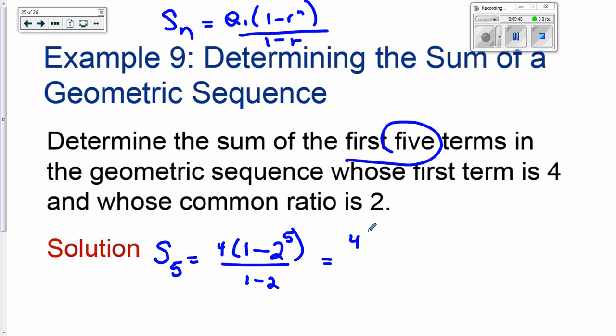I just did in my calculator 1 minus 2 to the 5th, and I got negative 31, because 2 to the 5th is 32. And this is negative 1. So when I divided, I got 124. You multiply these, and that's negative, and then divide by negative 1. So the sum of the first 5 terms of that sequence would be 124.